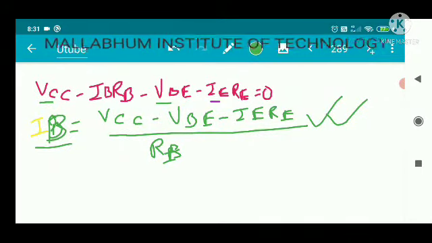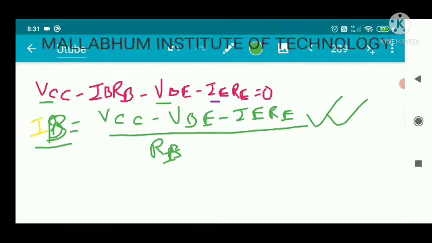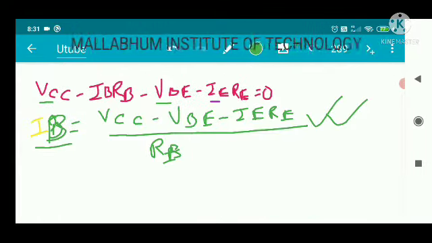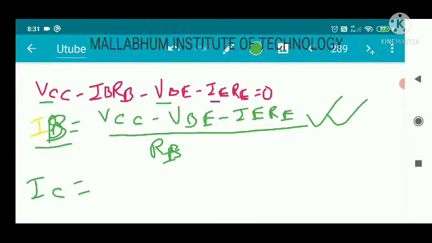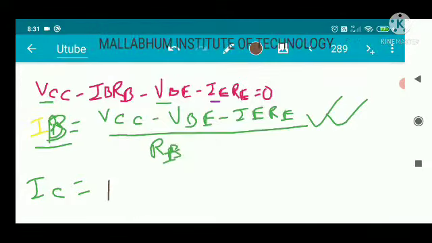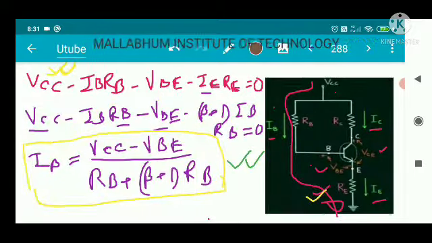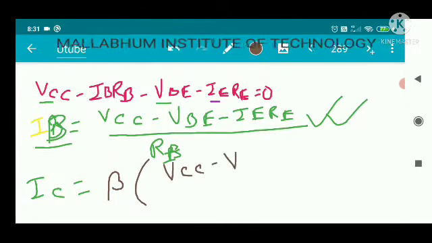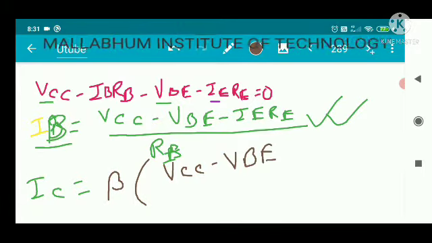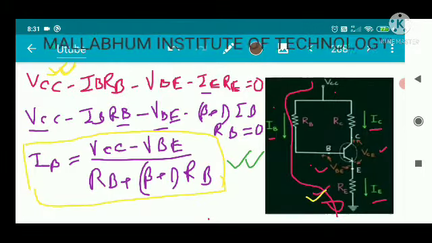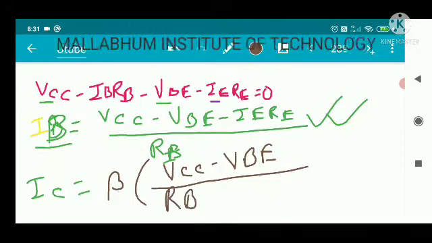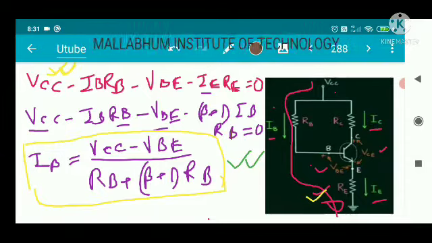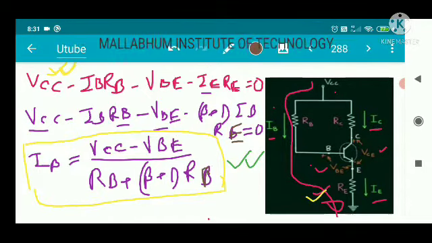Next, if we want to calculate IC, IC is nothing but beta IB. So your IC will be beta times, and what is the value of IB? VCC minus VBE divided by RB plus beta plus 1, it is not RB, it is RE.